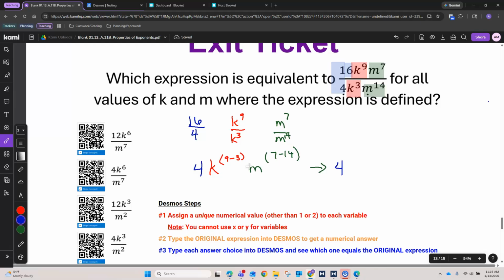All right, so we have 4, k to the 6th, m to the negative 7. Notice how none of these have negative exponents, though. Remember, negative exponents go on the opposite side of the fraction bar. So our answer was B.